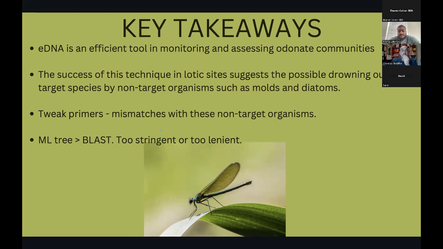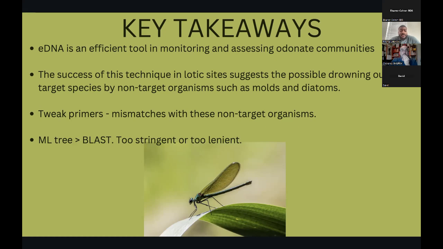Before we start our PCR runs, we have things called primers, which are what we use to capture the genomic region of interest, and those are the regions that are amplified. So we need to tweak our primers so they give us enough matches with dragonflies, but enough mismatches with things such as fish and plants and diatoms, molds, and whatnot.